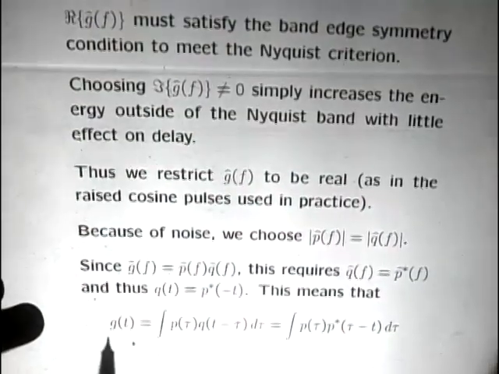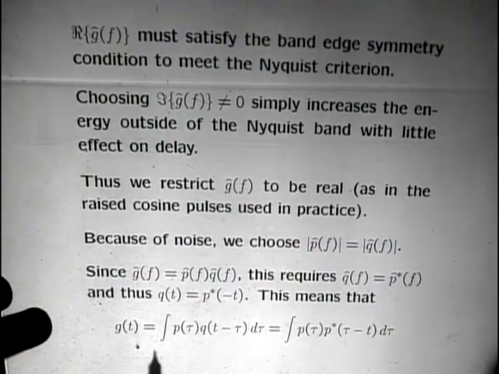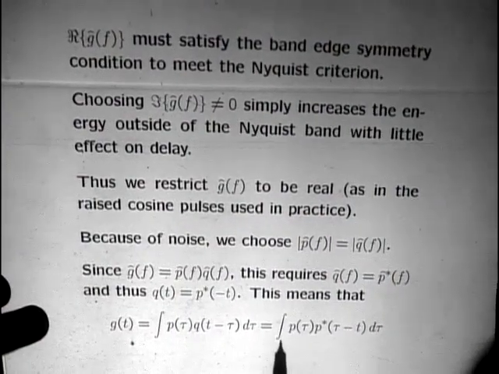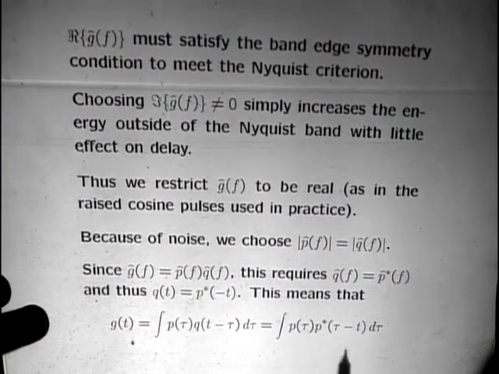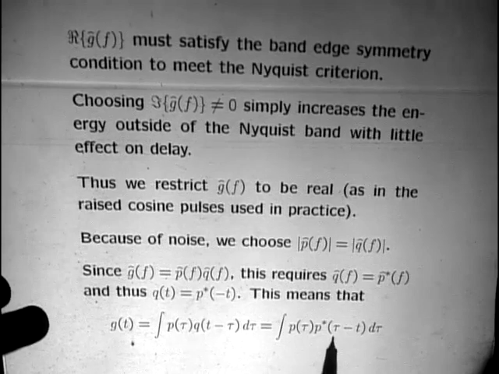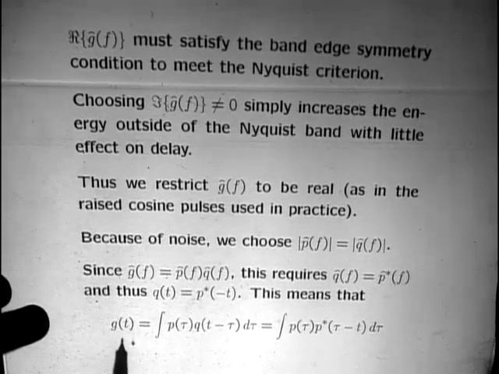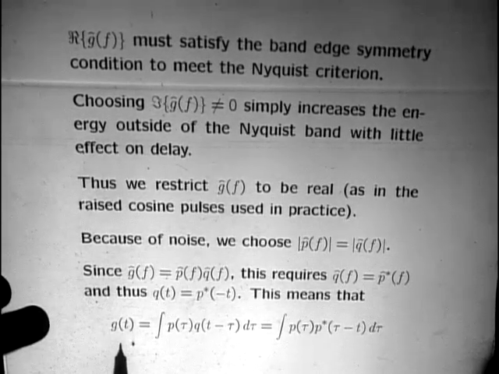So anyway, when we do this, it means that g of t is going to be this convolution of p of t and q of t, which we can now write as the integral of p of tau times p complex conjugate of t minus tau d tau. And what we're interested in is, is this going to be ideal Nyquist or not?